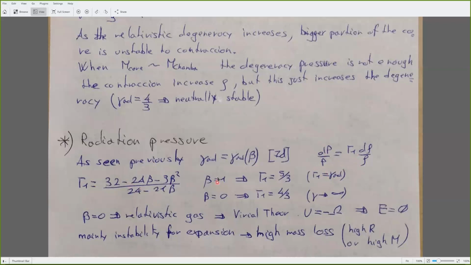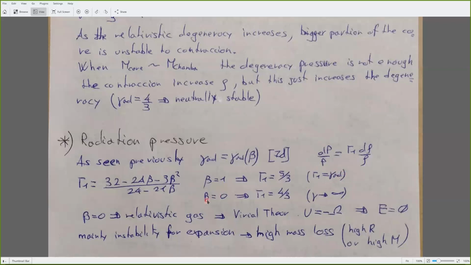You can see the change when the pressure of the gas is dominant. We have gamma 1 is 5/3, which in this case is equal to the value of the adiabatic coefficient.